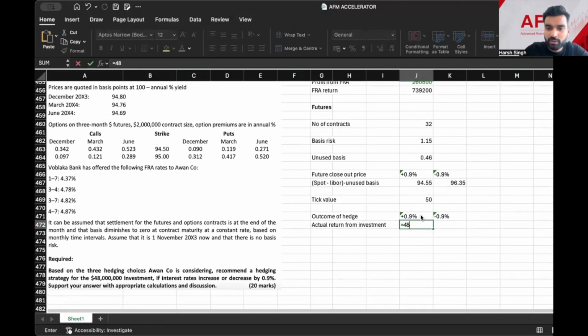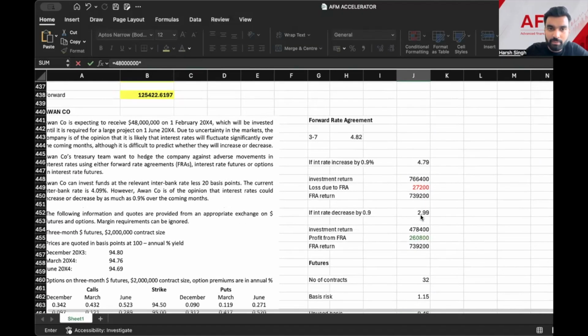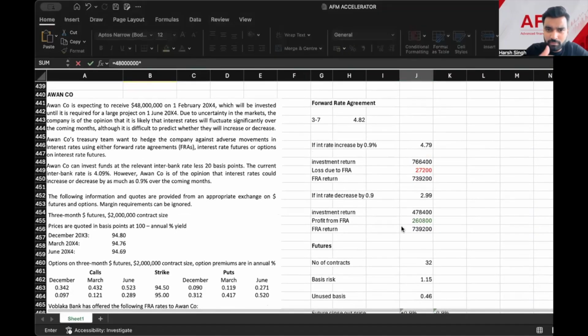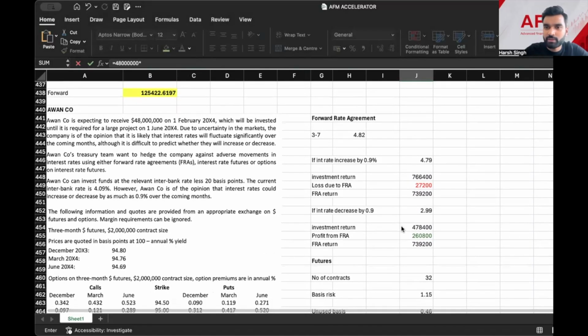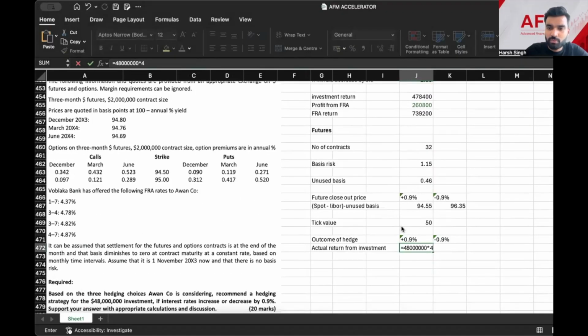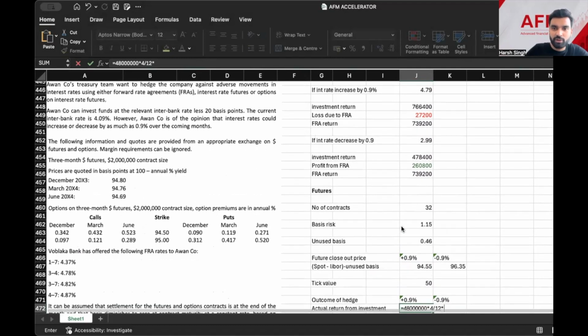We have invested how much? 48 million multiplied by a period of how many months, everyone? That is a period of how many months? Feb, March, April, May, 4 months. 4 by 12 multiplied by the final interest rate. Okay, right. That is the important point.